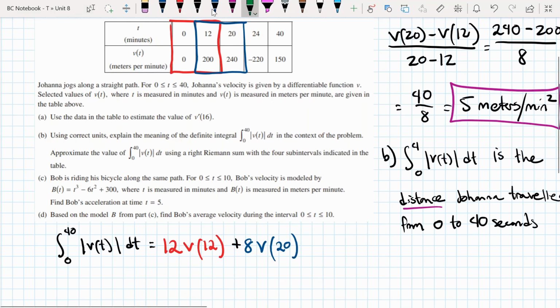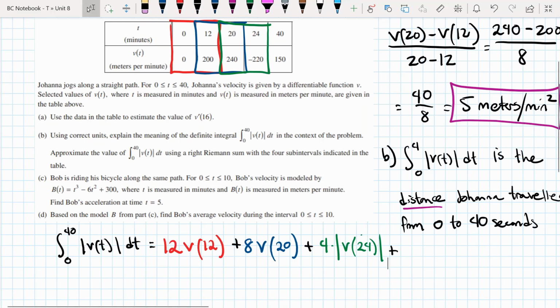Plus, the difference in the t values is 4 times v of 24. Well, because it's asking for distance, this is negative, and so it's actually going to be 4 times the absolute value of v of 24. That's going to be the only tricky one.